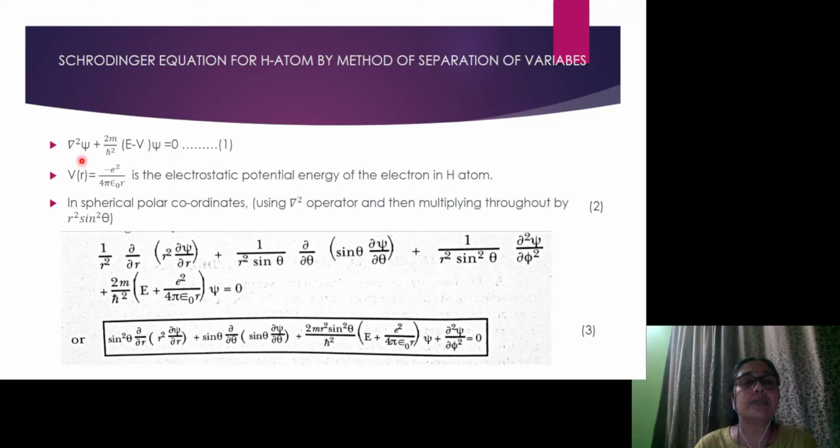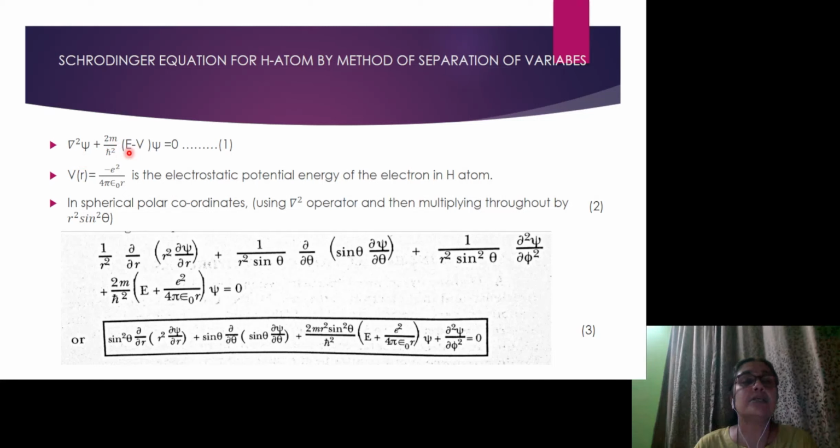Let us see what is the significance of each term. Del square is the del square operator in spherical polar coordinates, which we have seen in the previous lecture. Psi is the wave function of the particle for which the equation is written. M is the mass of the particle.